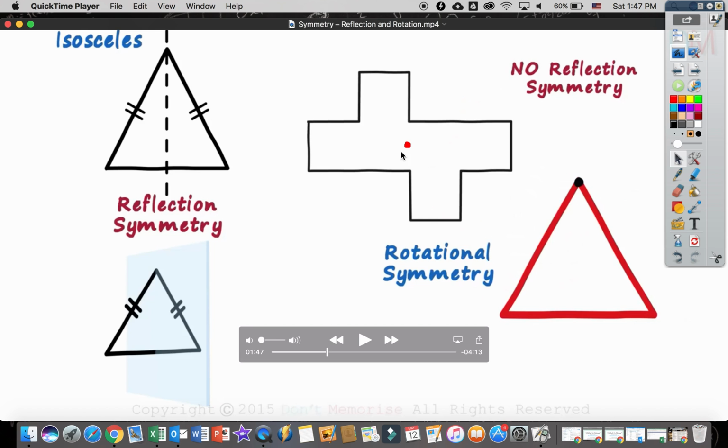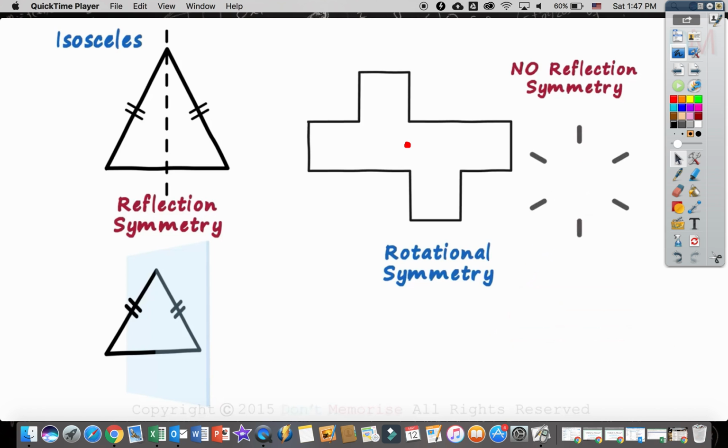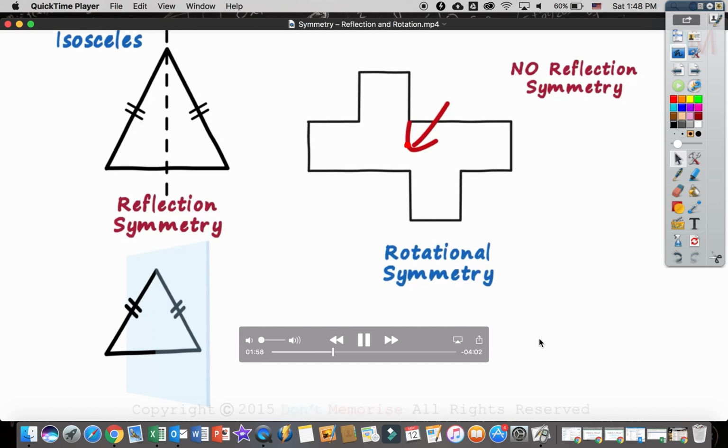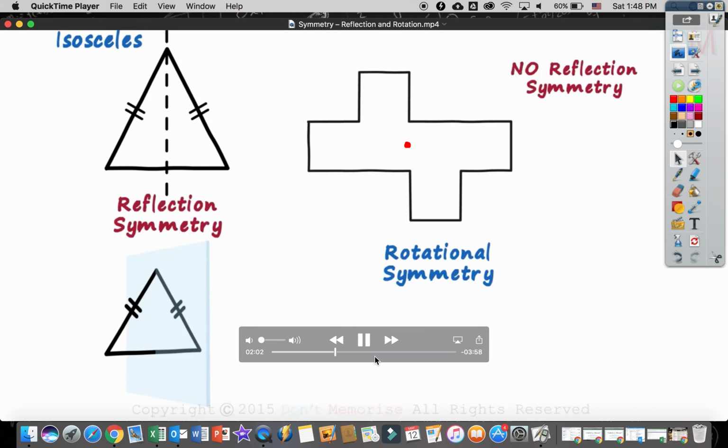Now we are going to turn this shape based on its center. This is my center of the rotation, and I am going to turn the shape 360 degrees, and this is my counter.